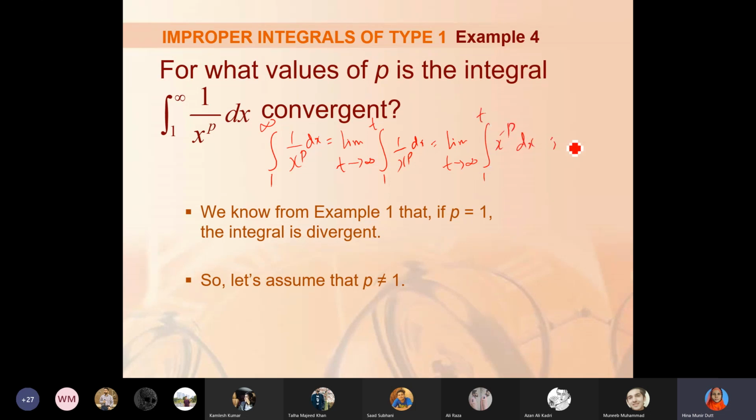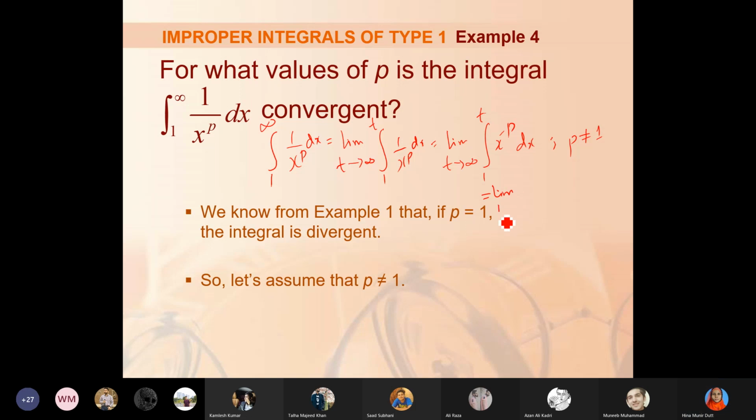I will suppose that p is not equal to 1. If p is not equal to 1, I can apply the power rule for the integration. If p is equal to 1, I have checked that case. The integral is divergent, so I am excluding the case when p is equal to 1.